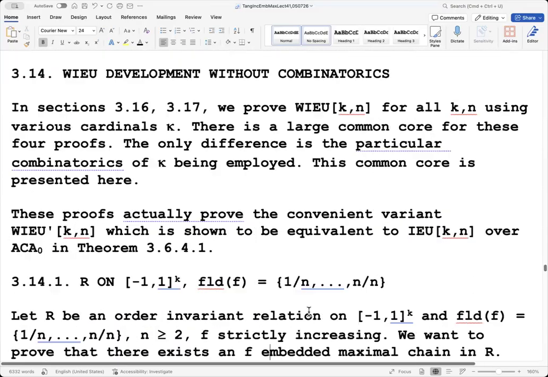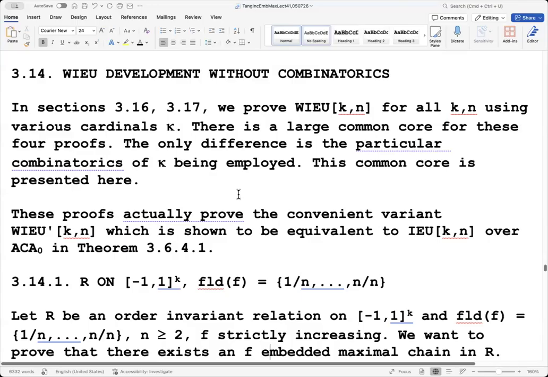Okay, and then I do it for WIEU. And basically, this is the same thing, except the singularity isn't there. And so the combinatorics become simpler. Yeah, the constant parameters for the large cardinal combinatorics are now way down low and not even close to where the indiscernibles are.